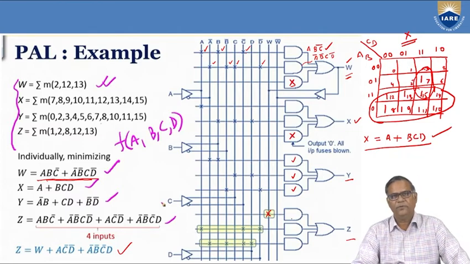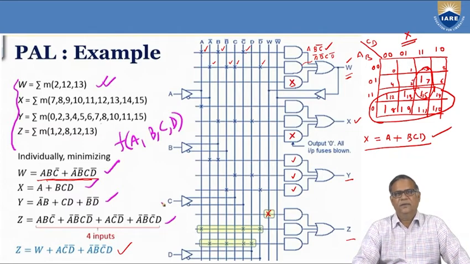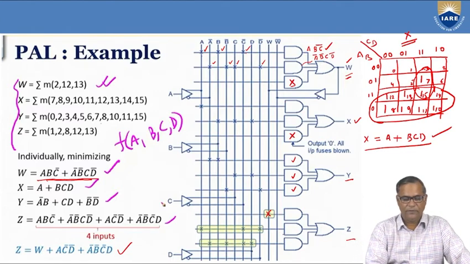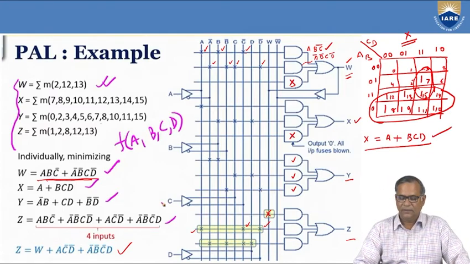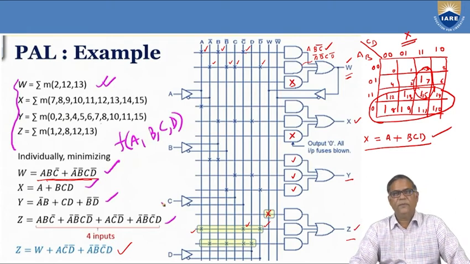So I am able to use 3 AND gates comfortably. So Z is equal to W and A, C bar, D bar, and A bar, B bar, C bar, D. Accordingly, I have programmed the fusible links, and I have realized Z using PAL.